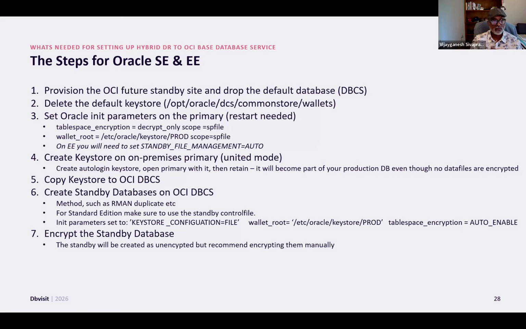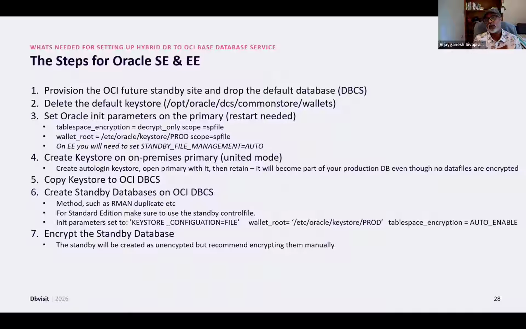Once that is done, you create your key store on your primary database. Create a key store and make it auto login. Another important aspect is that if you're using enterprise edition, you can use isolated mode and united mode, but if you're using standard edition, you can use only united mode.